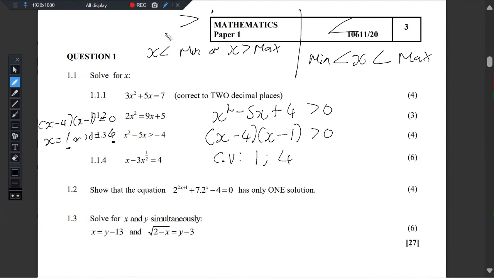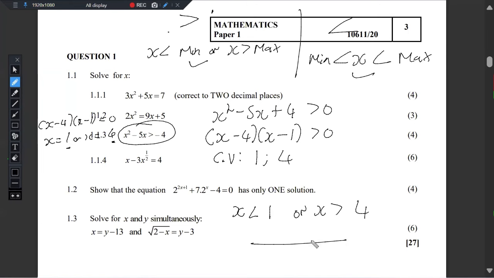Now it's time for you to present it in either this format or that format, based on what sign you have on your inequality. Now we have the sign facing that side. So that means our value needs to be x less than the minimum value, which is 1, or x greater than the maximum value, which is 4. Ta-da! Now you have your answer.